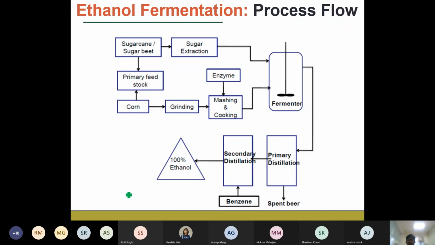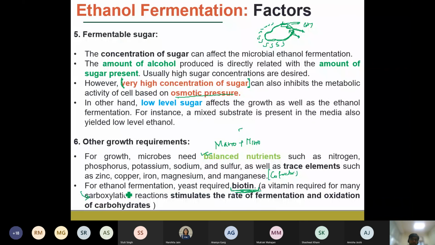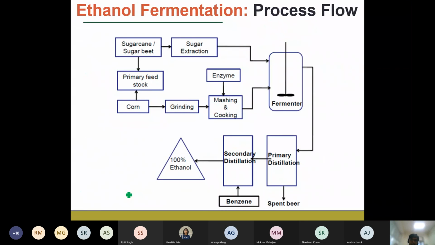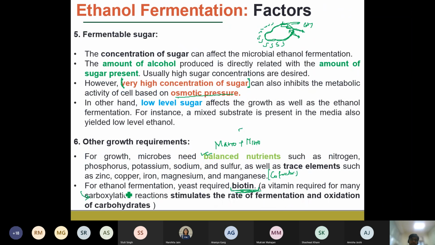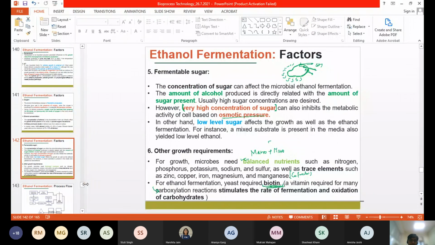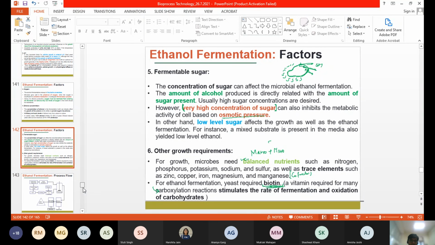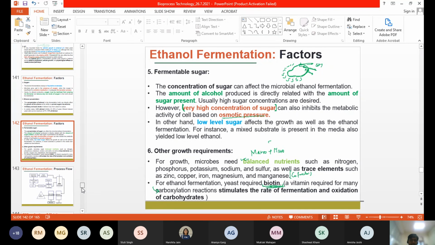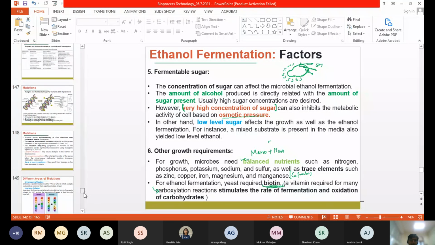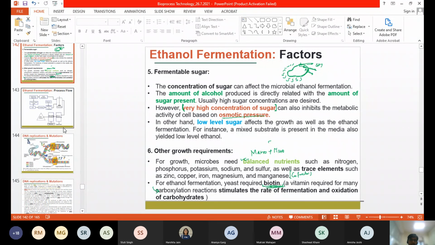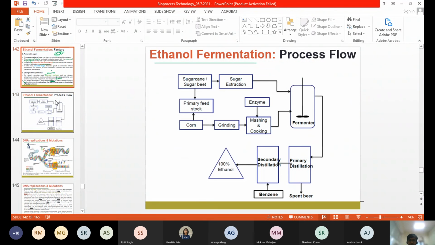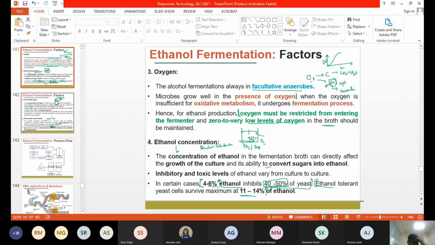So this comes to the factors for ethanol fermentation, and this is the summary part. We have looked into the substrate, the strain, and the processes, how we have carried out those things, and what the factors are by which we can select and improve the ethanol fermentation.